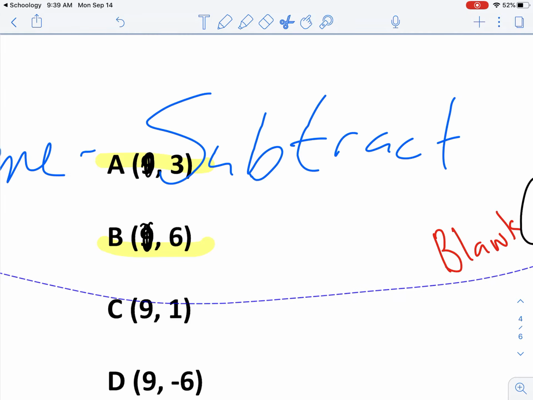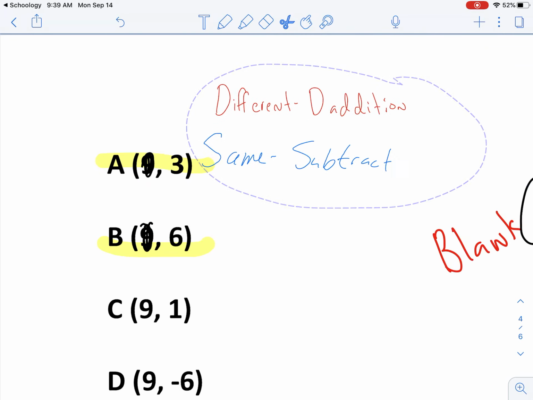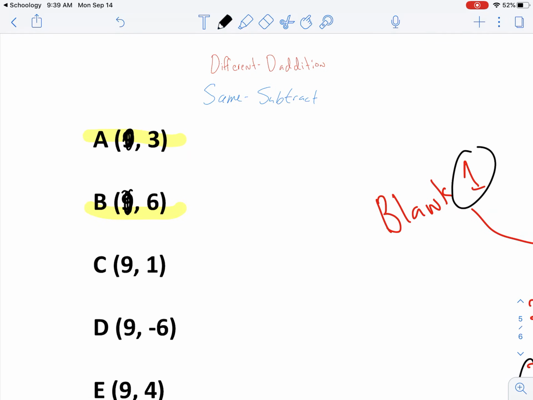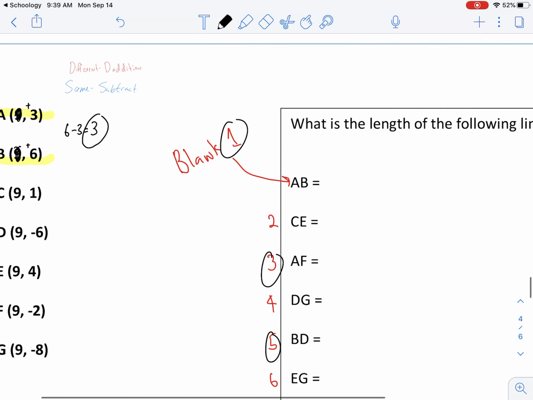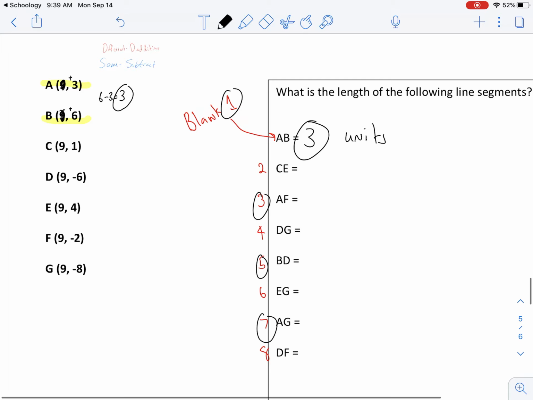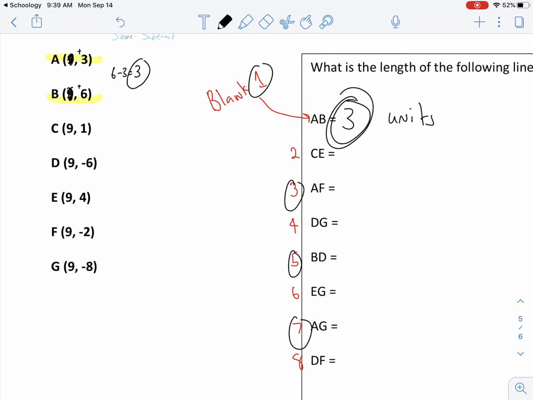So different addition, same subtract. These are different signs? Nope, they're the same, right? Both positives. So 6 minus 3, 3. Okay, so your answer is 3. In terms of the label, it would need to be units, 3 units. But just type in 3 to Schoology if you want to get your answer.